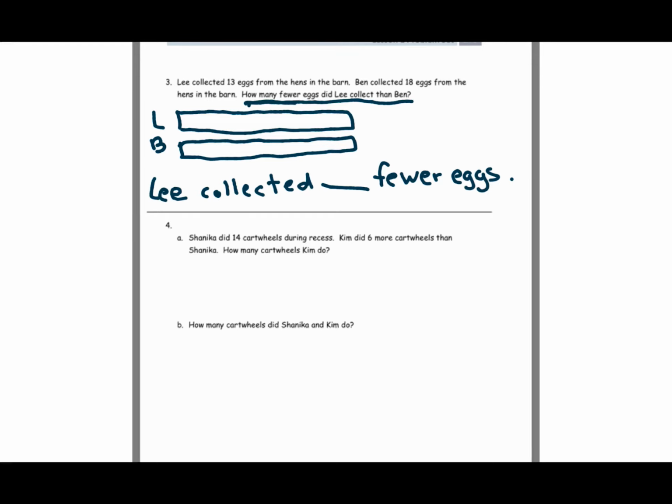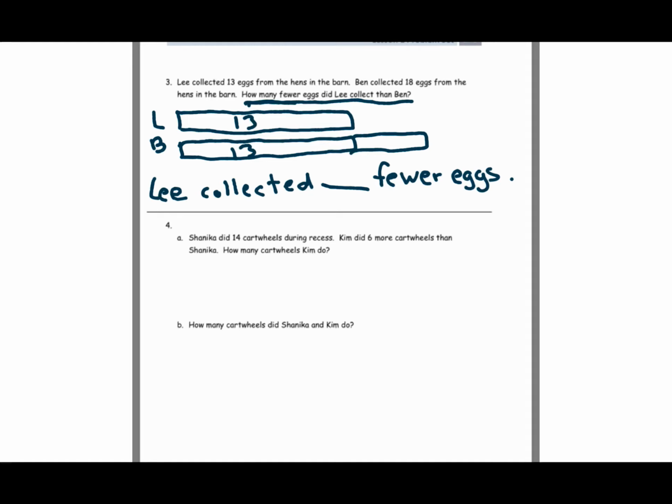And I know that Lee collected 13. And I know that Ben collected 18. And 18 is more. So Ben collected more, so I'm going to make Ben's a little longer. And I know that this first tape diagram that Ben has is also 13.